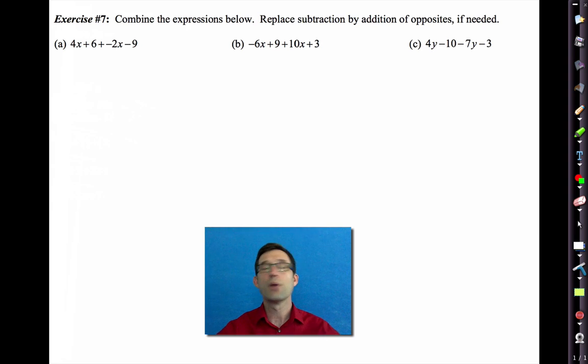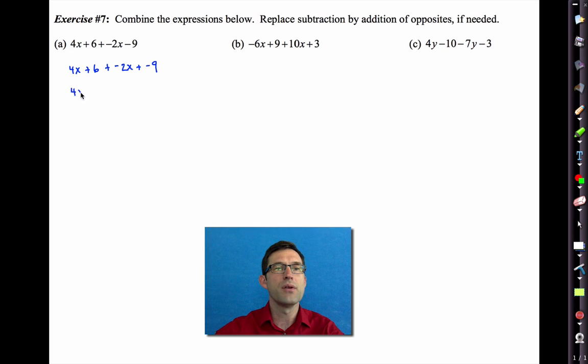All right. So you don't have to write down the properties, but I'm going to talk about them as I go. So what I'm going to do is first rewrite this subtraction by 9 with an addition of -9. Then I'm going to use the commutative property to flip-flop this addition to make it into this addition.